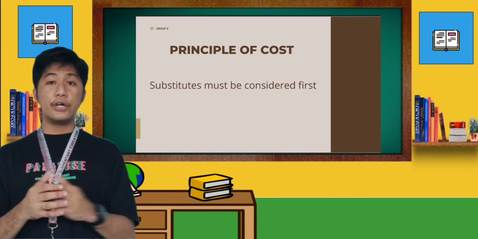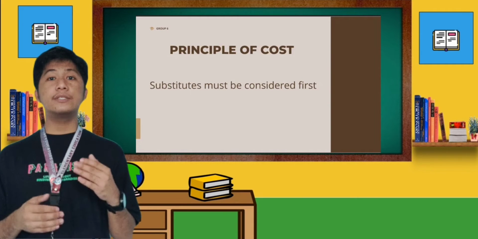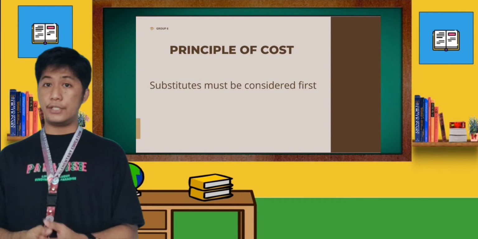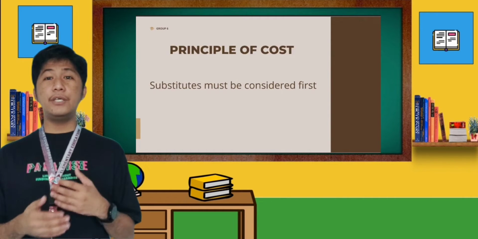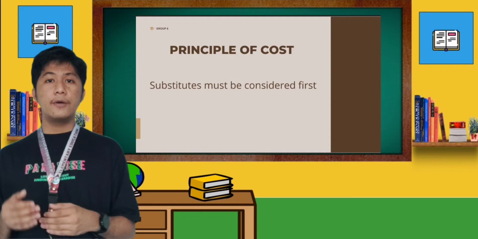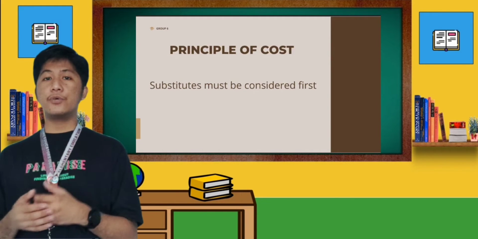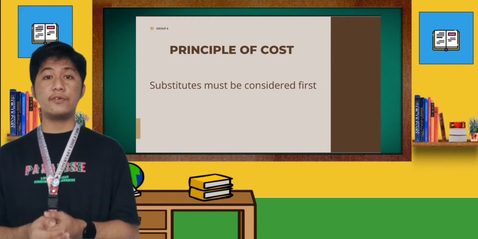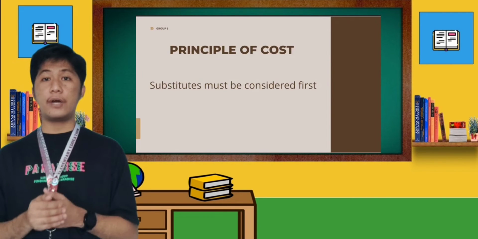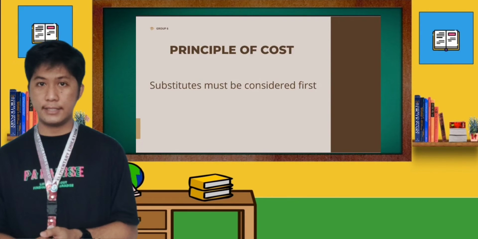Because the cost or prices is one of the most significant variables limiting students' access to education, we will not use too expensive things or IMs, because we can improvise or we can just use other materials available in the community in our learning process or in our teaching process.